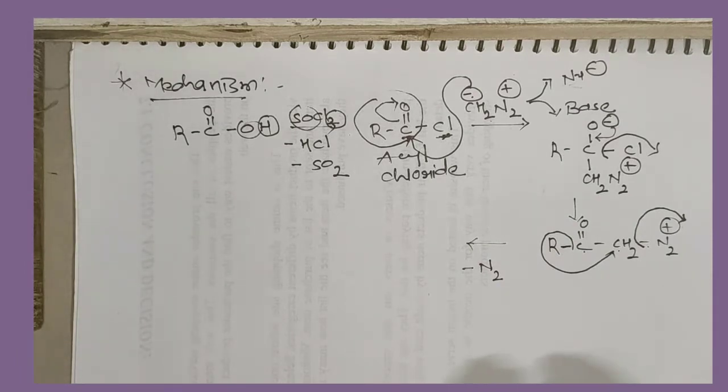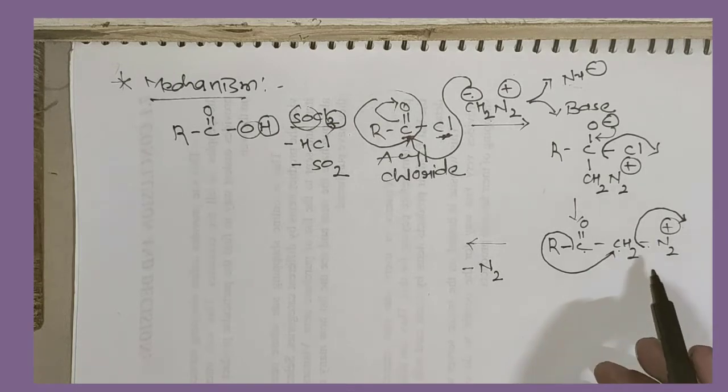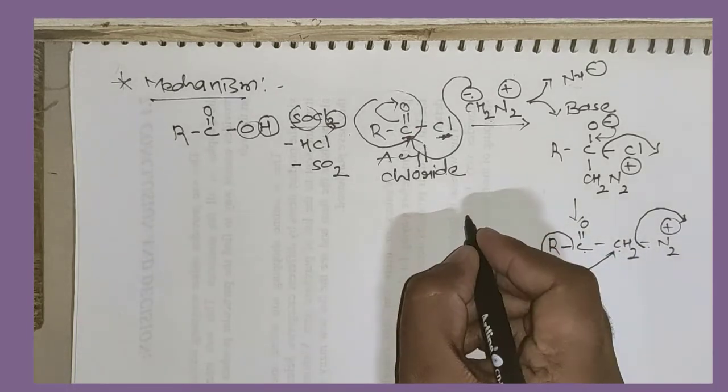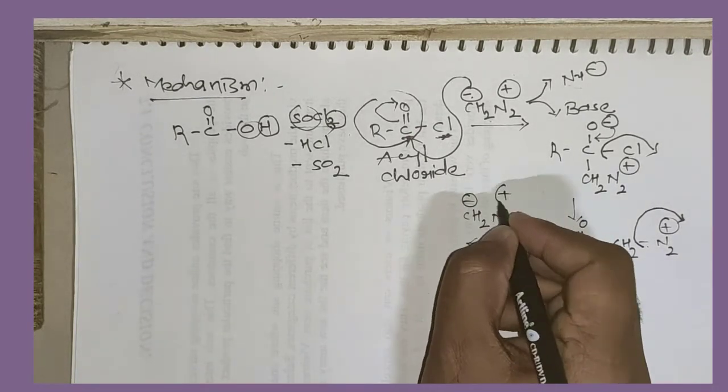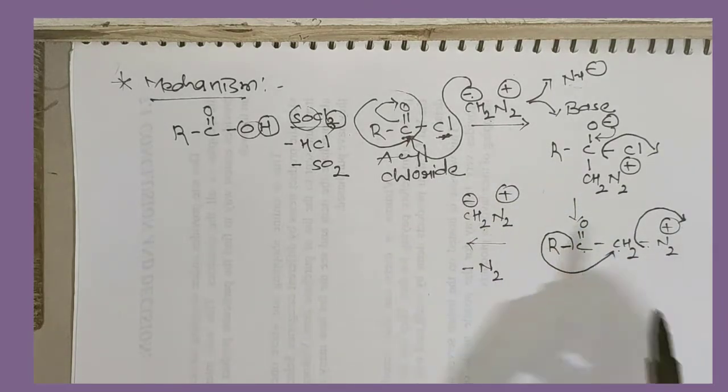Right? So before that we can say that some driving force is required. So what type of driving force? Now here CH2 minus and N2 plus, that means diazomethane now acts as a base.